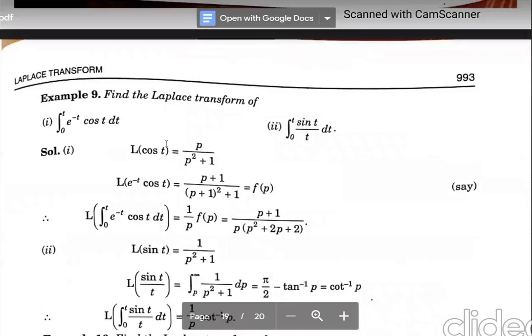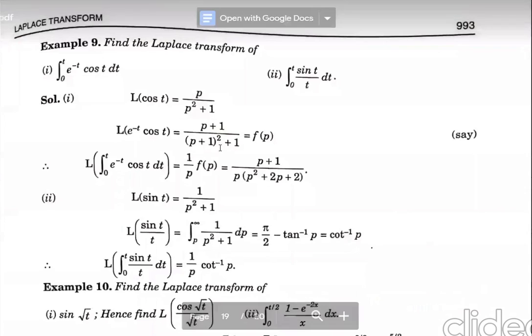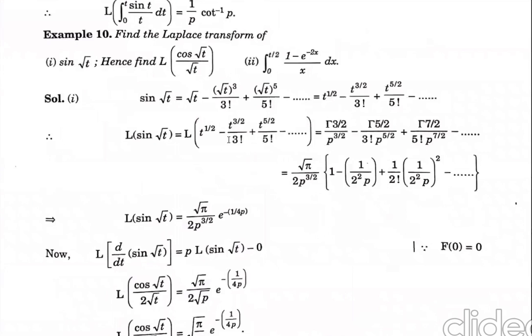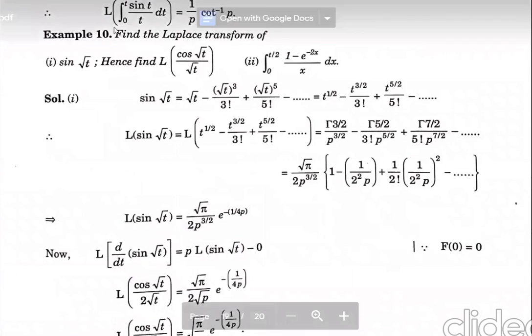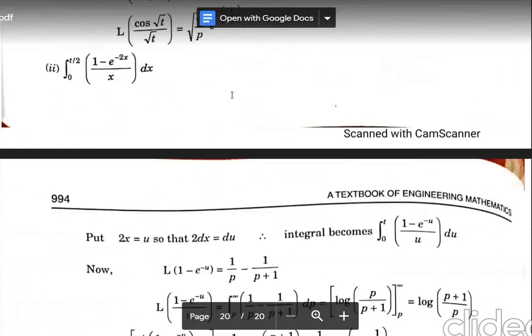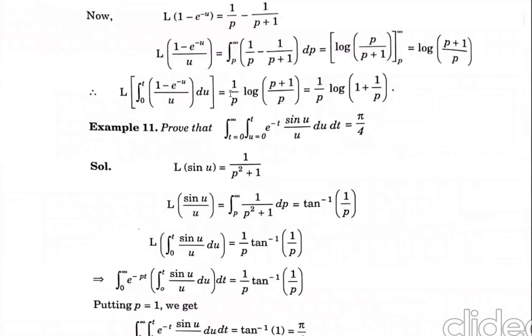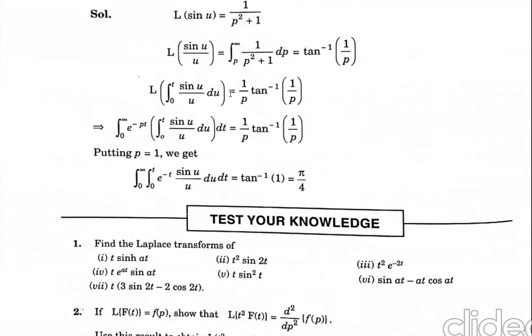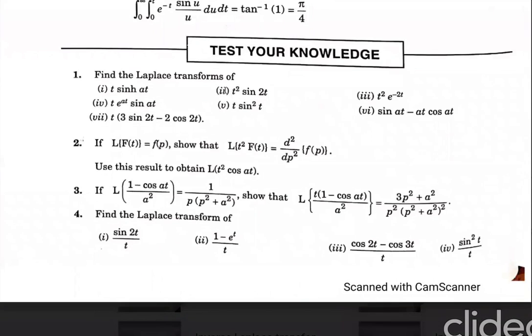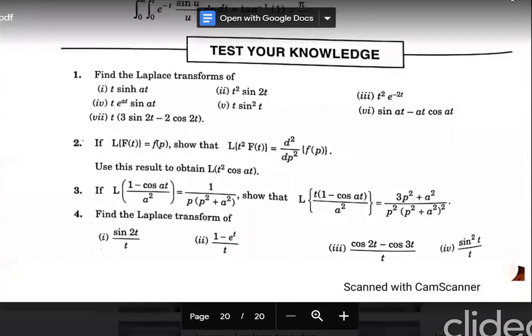So there are many problems that you can do. Just solve them and try it. If you want to understand, just ask me, I will explain it. Okay, so this is all till here.